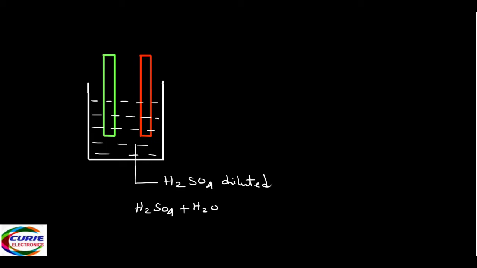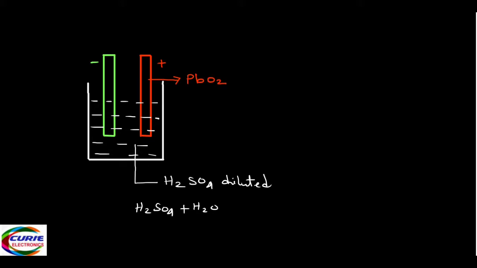Now this is our negative electrode. Let it be the negative electrode. Negative electrode is the cathode. And this is our anode. This anode is made up of lead peroxide, PbO2.